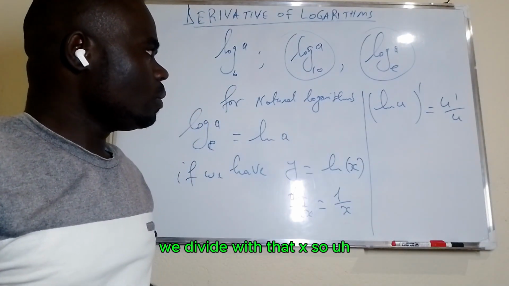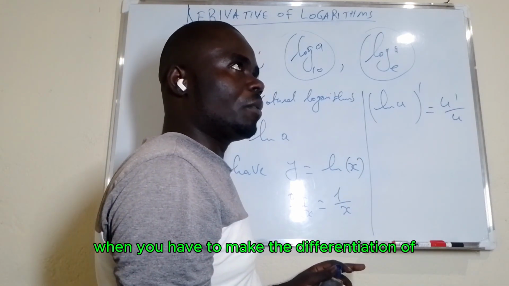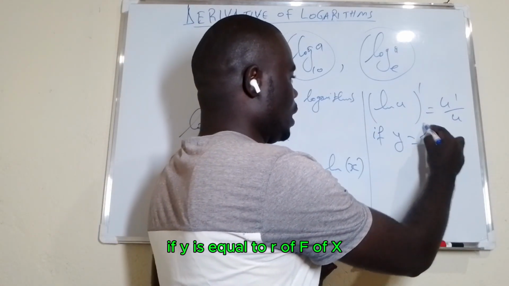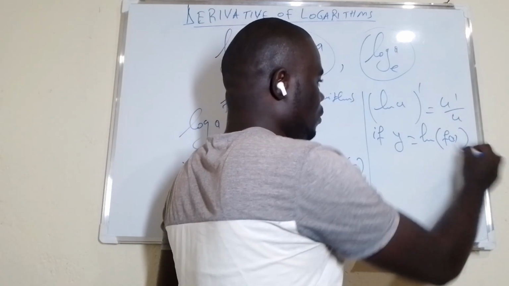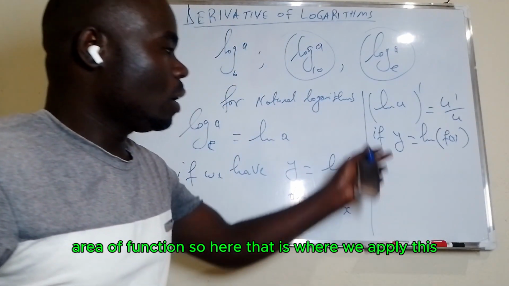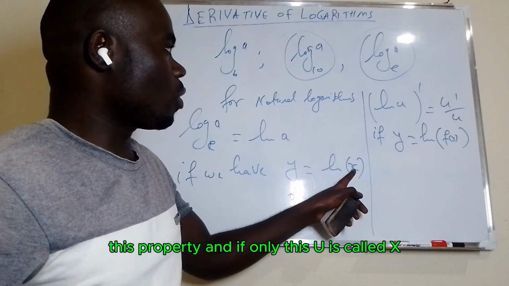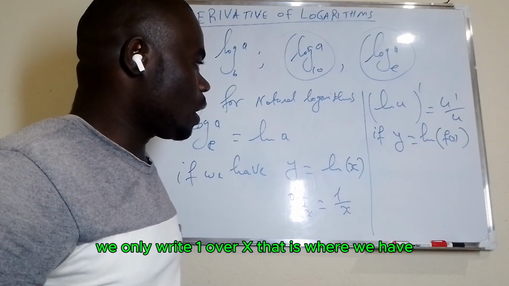This is the same as when you have to differentiate y equal to ln of f of x, ln of a function. That is where we apply this property, and if u is equal to x, we only write 1 over x.